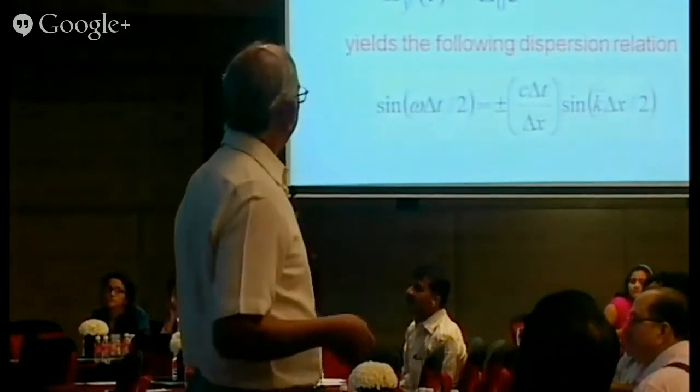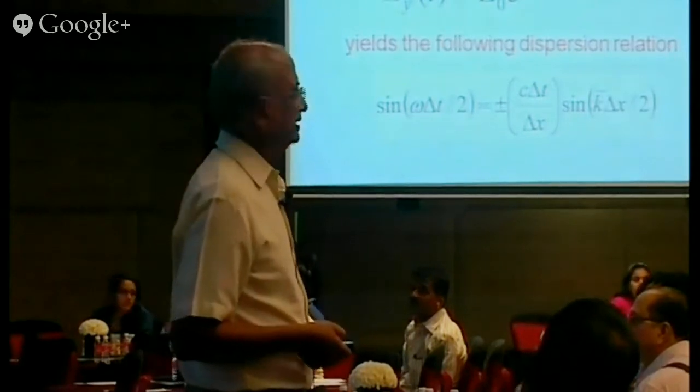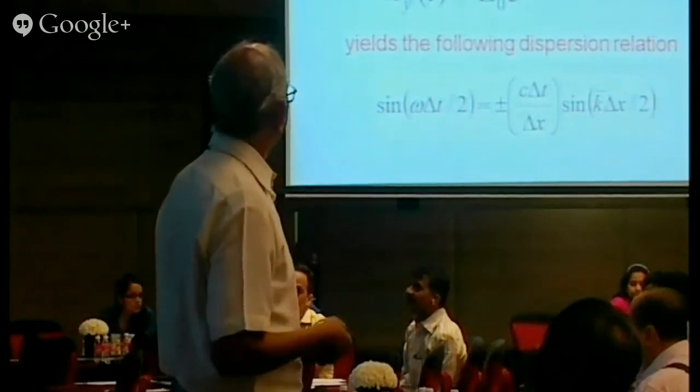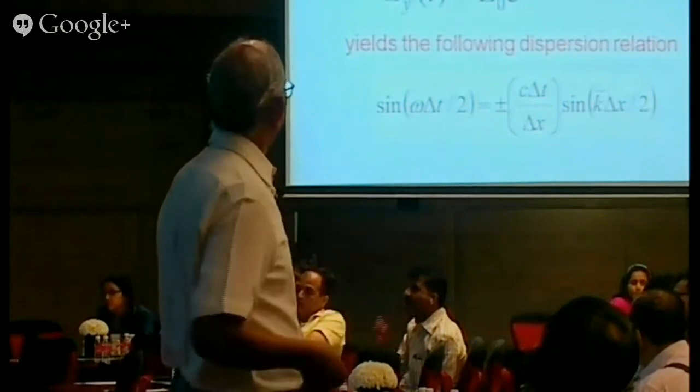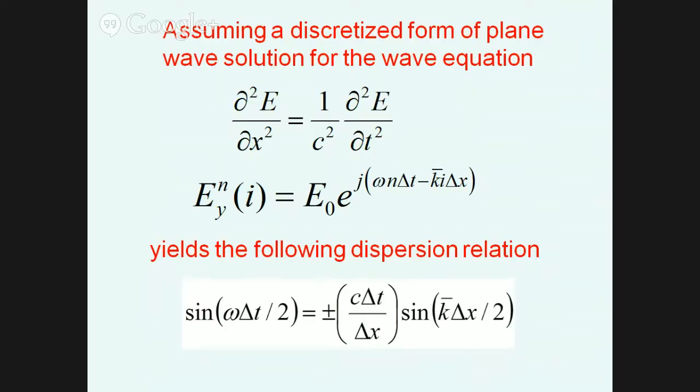So now how do we find out the numerical dispersion? Let's take a simple example. So for example, we have a plane wave, we want to find out the solution for a wave equation. This is a plane wave solution for this wave equation, of this form. In the discretized form, it will be a solution of this type.